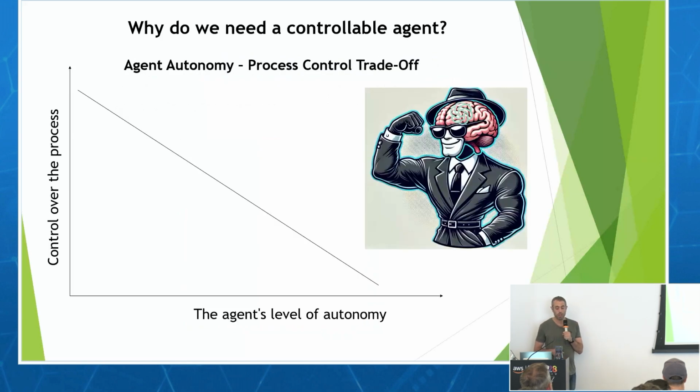All right, so why do we actually need to control such an agent? The simple answer is there is a trade-off between the agent's level of autonomy and the control that you have over the process. The more autonomy you give to the agent, the less control you have.